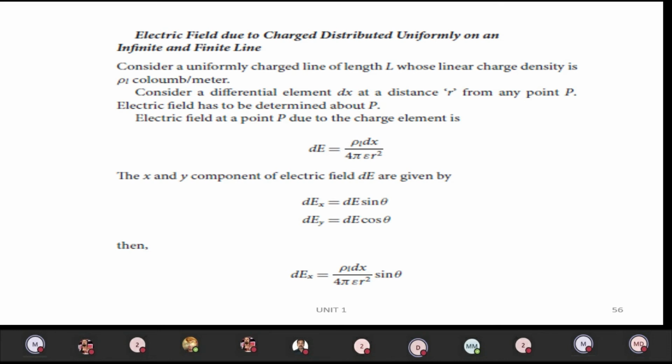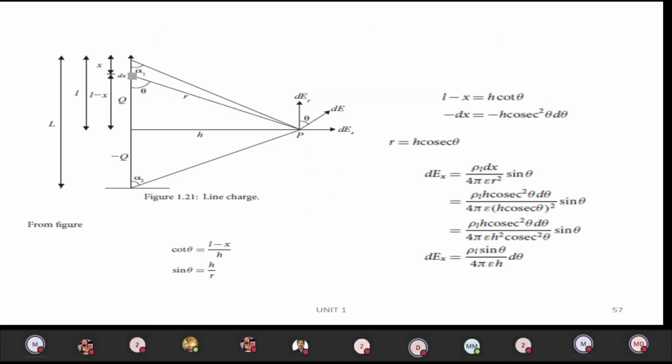So now we are going to see the electric field due to a charge distributed uniformly on an infinite and finite line. Straight away we can go for the concept here. You can see a line charge.